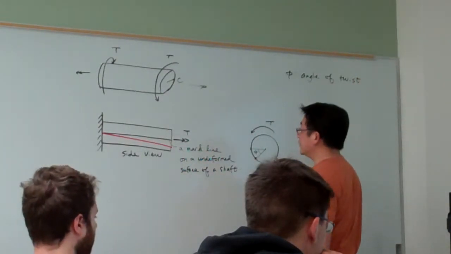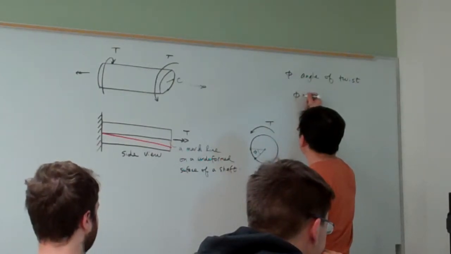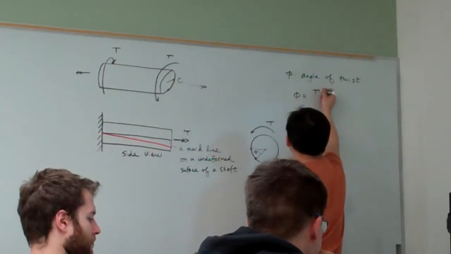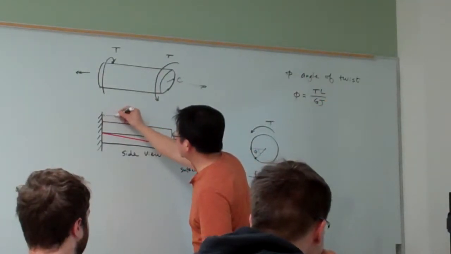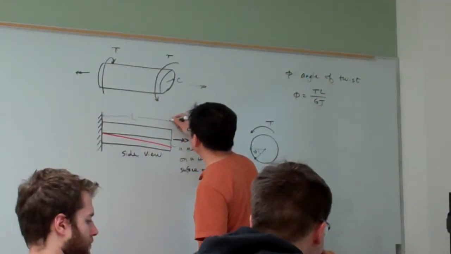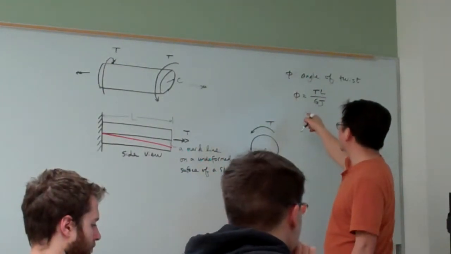The angle of twist is proportional to the torque: phi equals T L over G J, and L is the length of the shaft. The larger the length, the larger the twist angle.